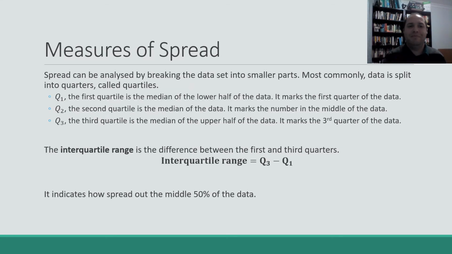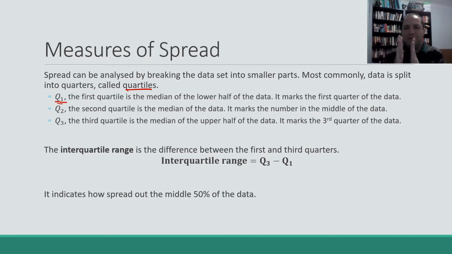Now, when we're talking about interquartile range, it's important we understand what quartiles are first. Spread can be analysed by breaking data down into smaller parts, and usually that's quarters, or more regularly called quartiles. Q1 is the score for the first quartile, and it's basically the median of the lower half of data.